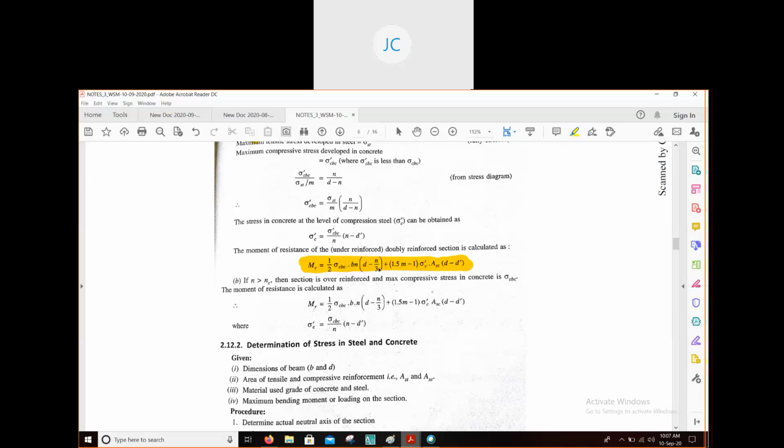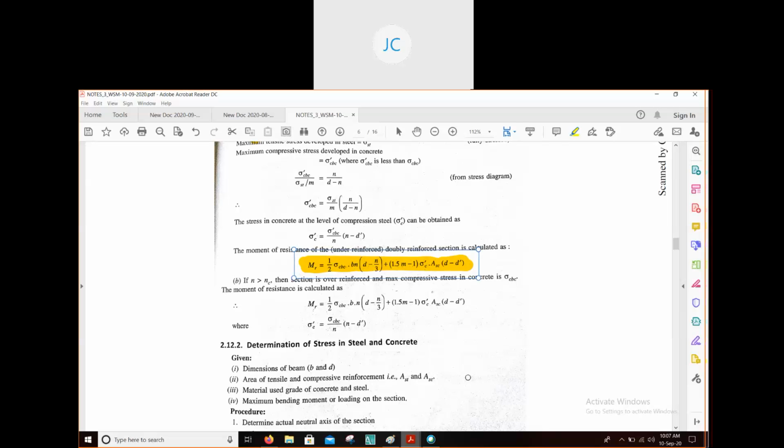This is the amount of moment which your beam will resist only if you provide reinforcement on the tension side, and this is the amount of moment which the beam will resist when you are providing steel on the compression side. If you add these two values, you will get the total moment of resistance, M1 plus M2. This is the formula for finding the moment of resistance for an under reinforced section.